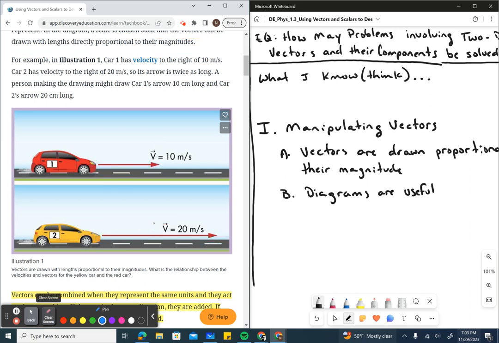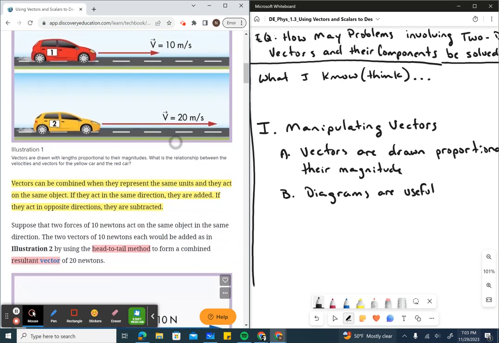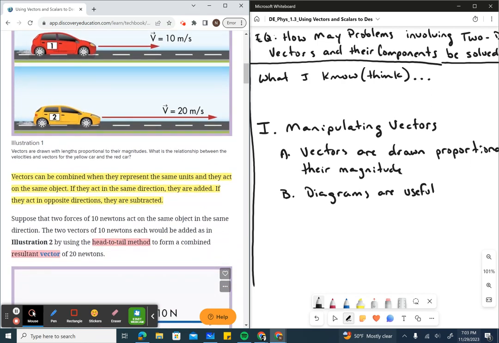Clear the screen there. So far, nothing new. You guys know this. Vectors can be combined when they represent the same units and they act on the same object. Okay, this was probably something we talked about, but it is worth reminding ourselves.